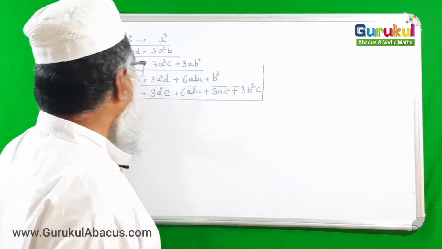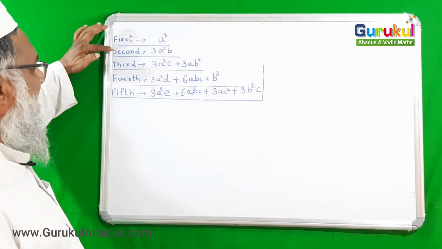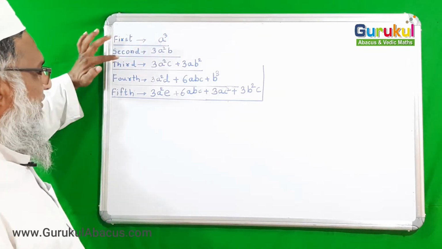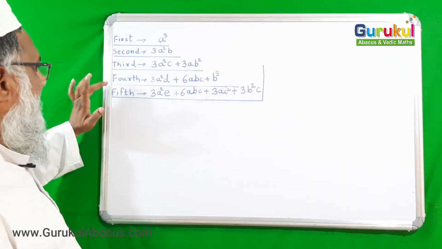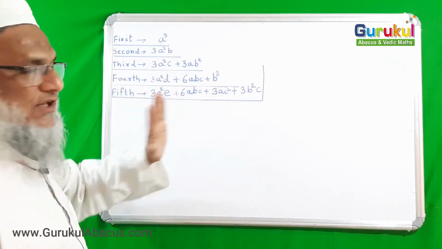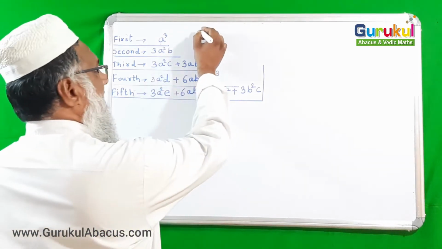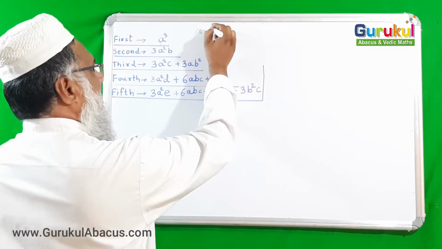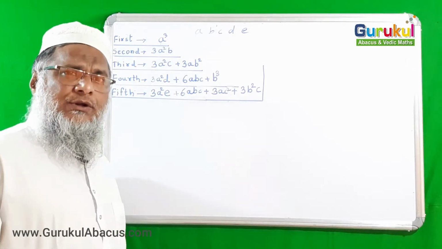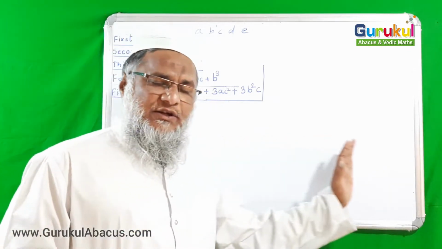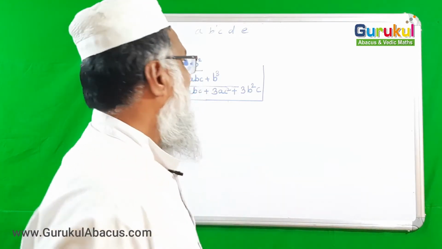So in front of you, it is written: our first term is a cube, our second term is a square b, our third term is 3a square c plus 3ab square, and the fourth and fifth terms follow in that way. Here, to find the values of a, b, c, d and e, what to do when the given number is not a complete cube number, that we are going to understand.